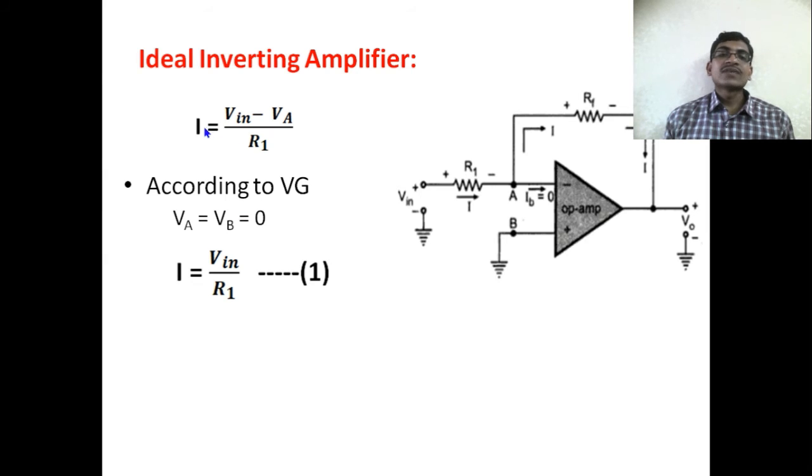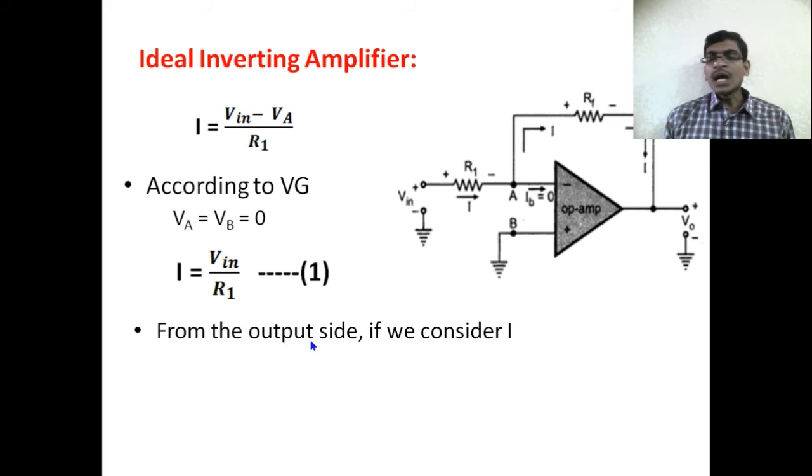Therefore, the I equation can be given as, after substituting Va equal to 0, I is equal to Vin by R1, which is equation number 1. From the output side, if you derive the equation for I, then what is I? The direction of current is on this side, so I is equal to Va minus V0 divided by RF.